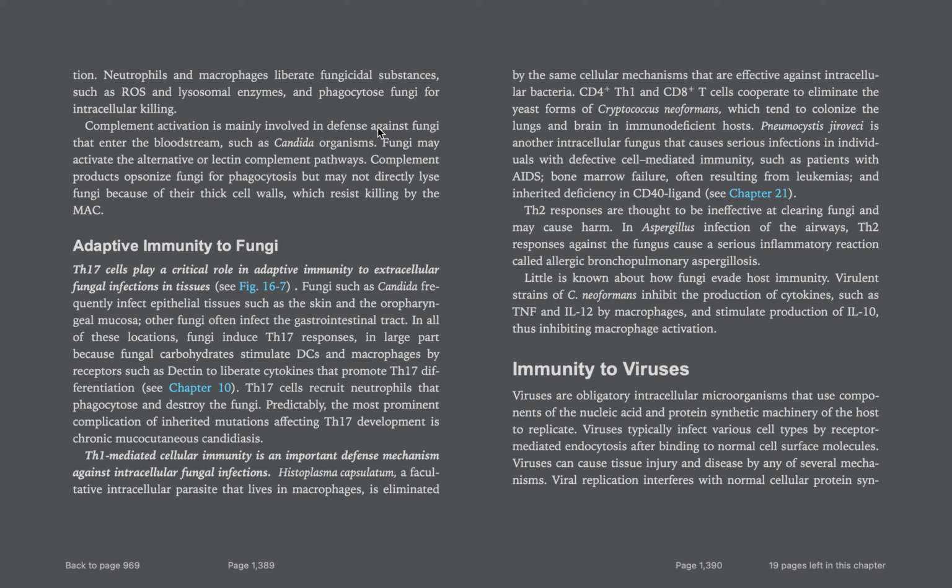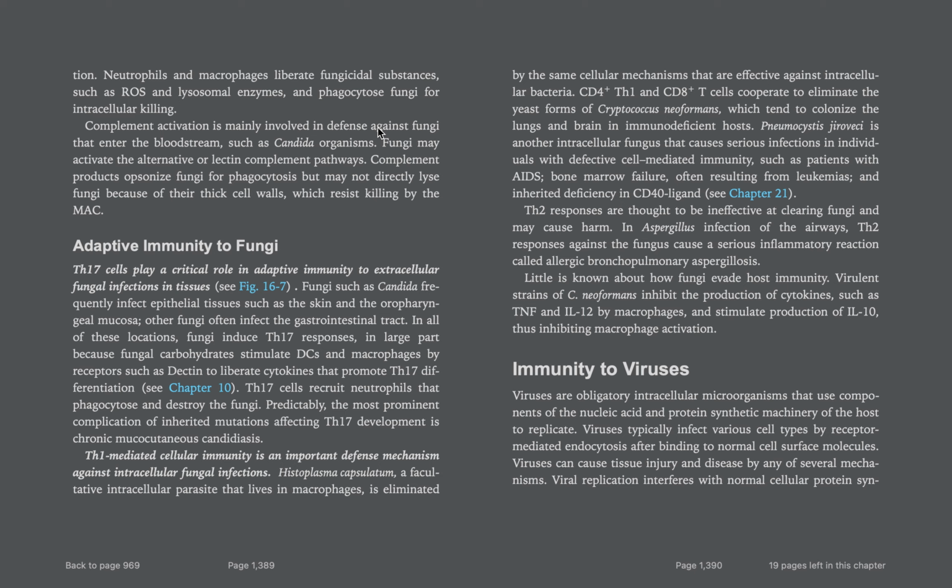In all of these locations, fungi induce a T helper 17 response, in large part because fungal carbohydrates stimulate dendritic cells and macrophages by receptors such as dectin to liberate cytokines that promote T helper 17 differentiation. T helper 17 cells recruit neutrophils that phagocytose and destroy the fungi.